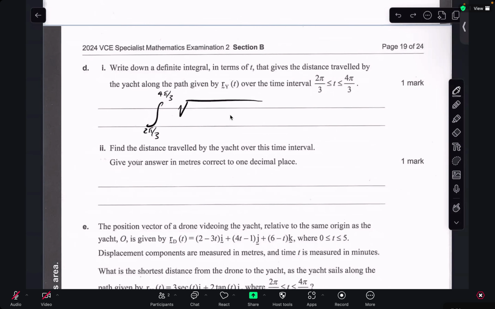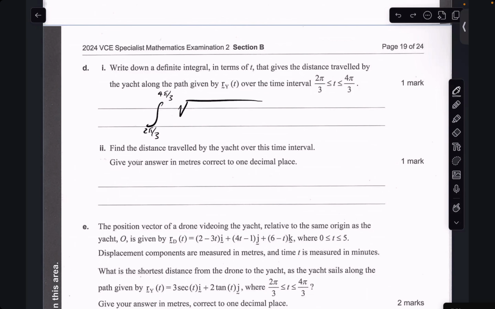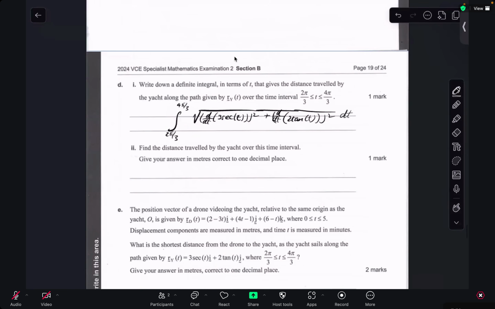So it was 3 sec t, so I'll just write... okay, and find the distance travelled by the yacht over this time.